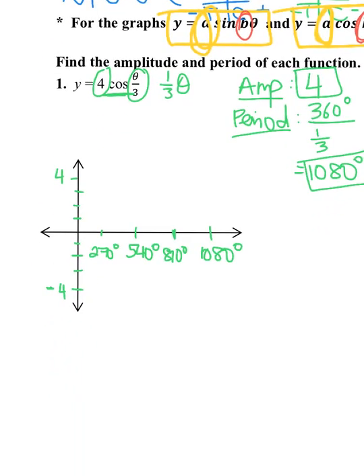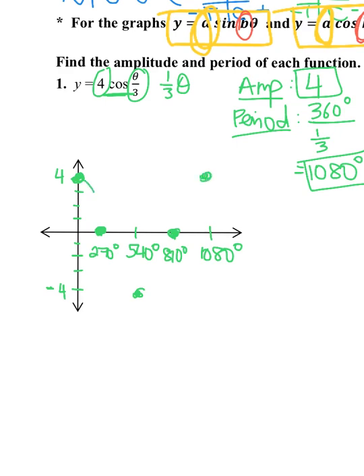All right, and just hitting those key points. So I'm going to start at the top at 4, then I'm going to go down to the middle, and then down to the lowest, -4, back up to the middle, and then back up top.